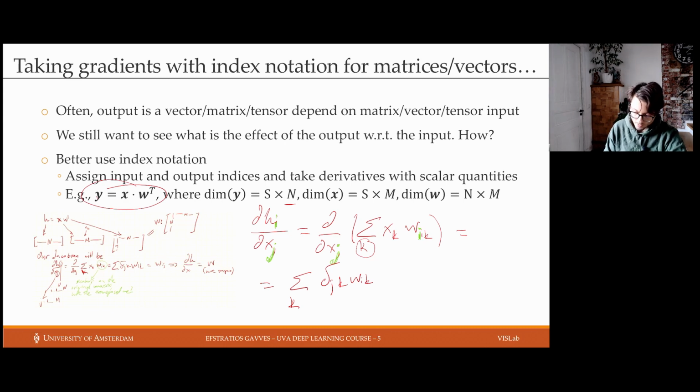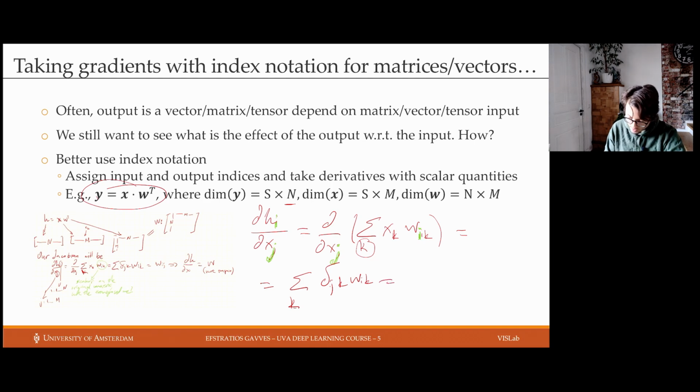So if our dummy index k obtains the value of j, which is our input here, then we have indeed a partial derivative of 1, and that's why we've used delta notation. And for all other k indices other than j, we've got a 0, right?